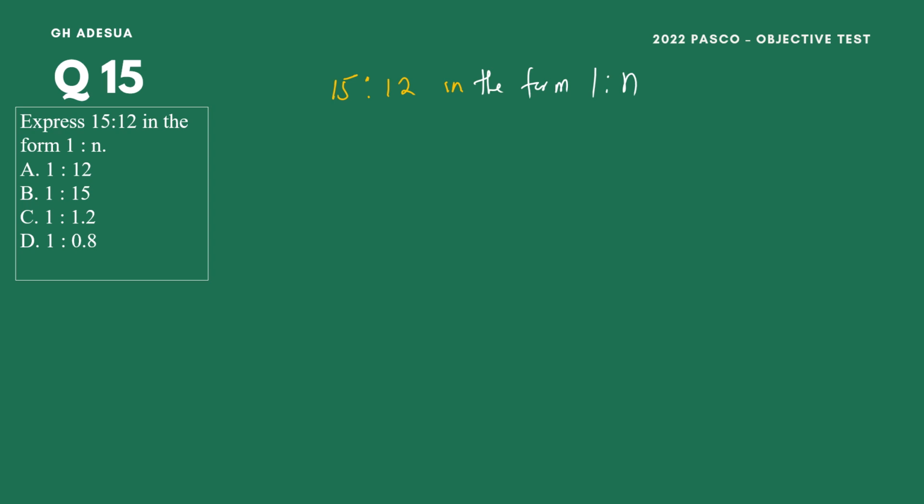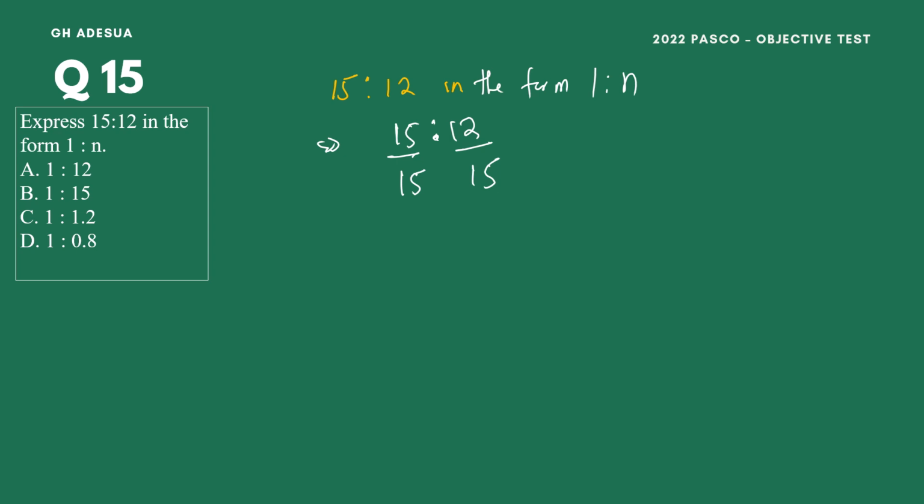Now what we are going to do is use the first factor, that is the 15, and divide through this ratio. So we have 15 is to 12, and we divide both sides of the ratio by the first factor, which is 15: 15 over 15, and 12 over 15 as well.